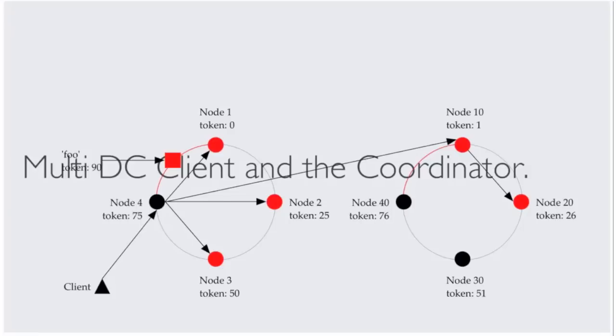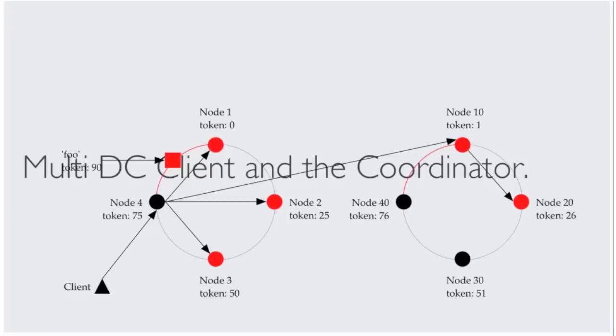So again, if we have our client and our coordinator in a multi-datacenter setup, the coordinator in the left-hand side data center knows about the nodes on the right-hand side data center. It doesn't have to ask someone else. And when it wants to send data over to them or ask them to read, to save network bandwidth, we know that they're in another data center.